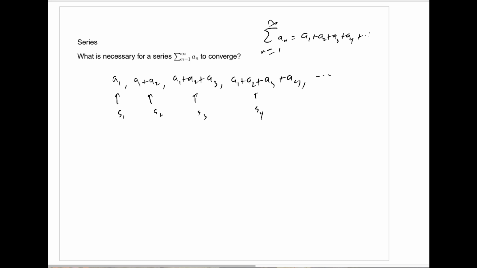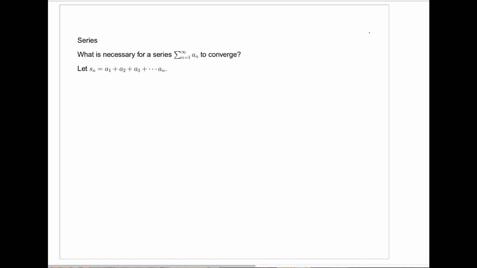We give meaning to that by just looking at adding a finite number of terms, starting from the beginning, together, and then just increasing that finite number of terms more and more and more, and asking, is there a limit to this sequence of partial sums? So here we define S sub n to be a1 plus a2 up to an, and again we say that this series, the sum n equals 1 to infinity of a sub n, converges and has the limit L. We only assign a number to the series when it converges.